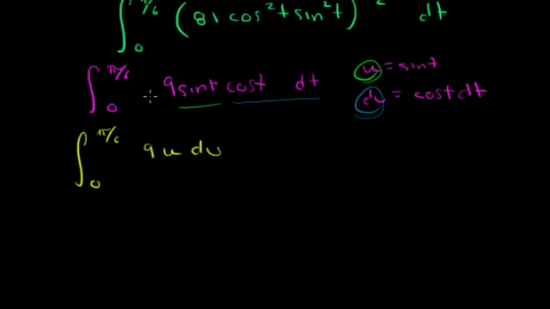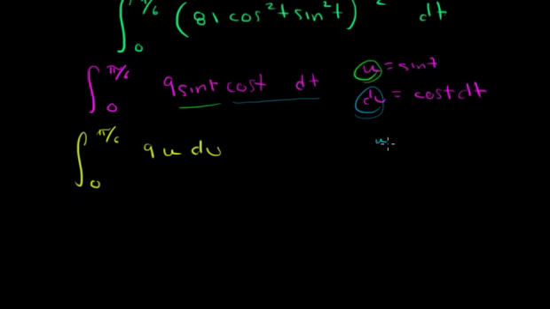What we can do now is change the restrictions. You don't have to do this, but I will. These are restrictions with respect to t, but now we're putting things with respect to u. So to find the new restrictions, we plug the old restrictions into u equals sine of t.